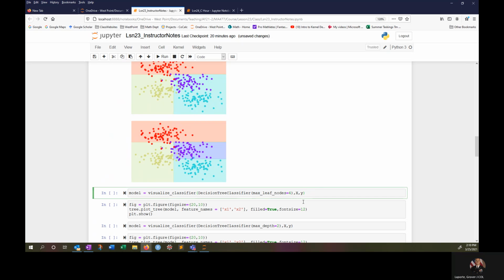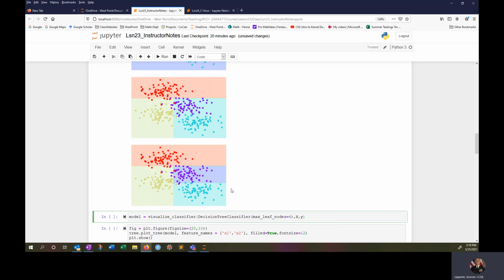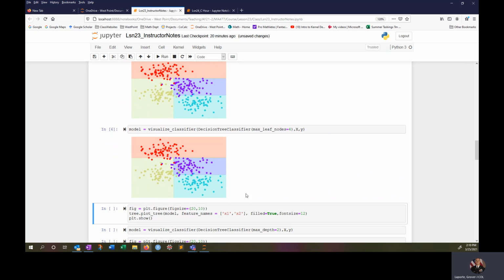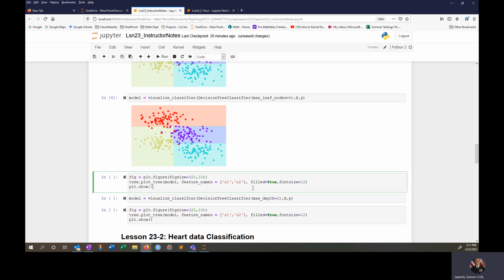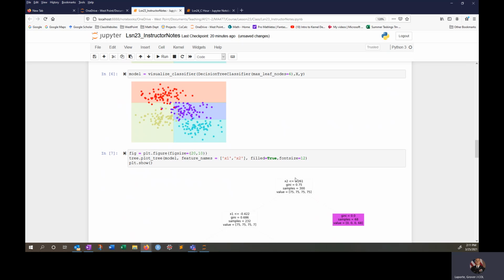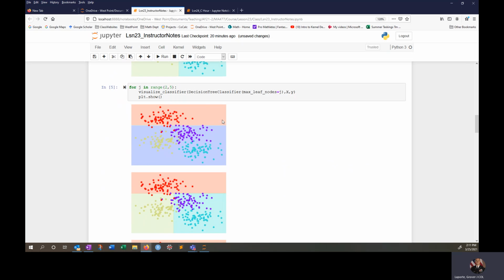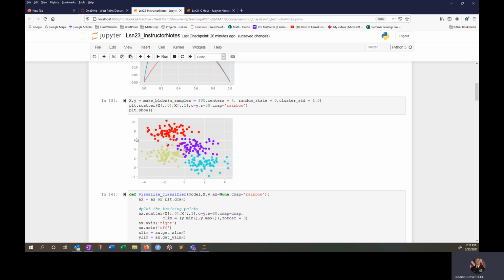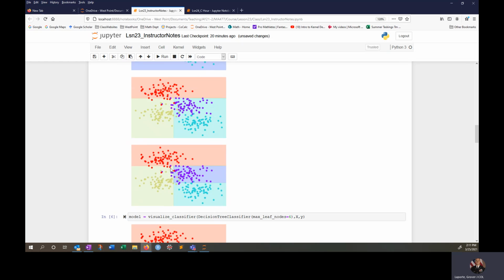And let's take this last one here and visualize what the actual model is doing. So shift enter, you can see the same thing. And then let me show what that model looks like. So if x2 is less than 6.261, which I'm sure is that number right there. Here, let me go back up. 6.261, yeah, so it's that number right there that's spatially separating the red.